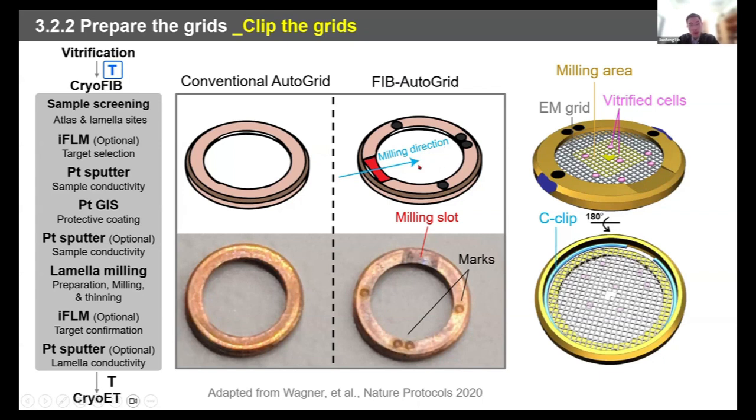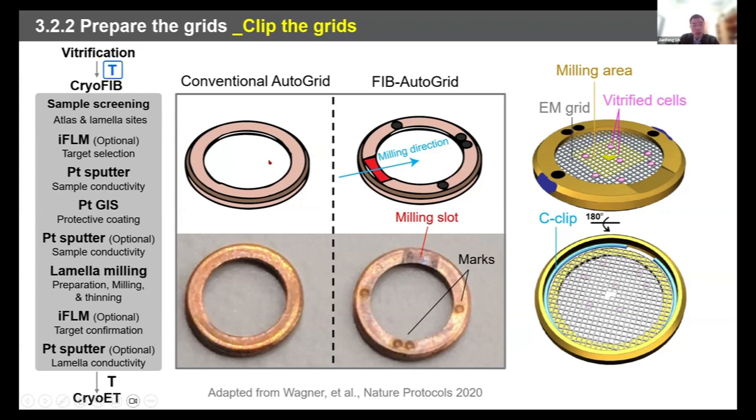Compared to the conventional autogrid, it has a milling slot, which provides a lower edge. This enables you to use a lower milling angle and get a longer lamella, which is good. Another advantage is that there is an additional marker on the grid, so it is easy for you to orient your grid.